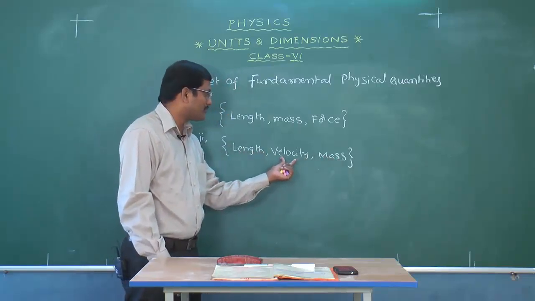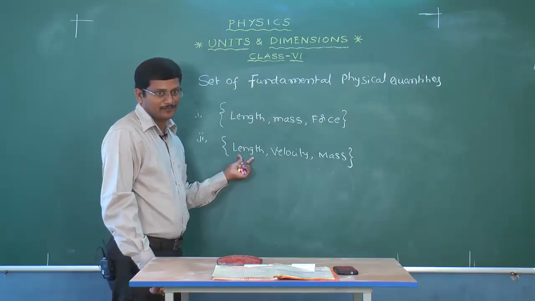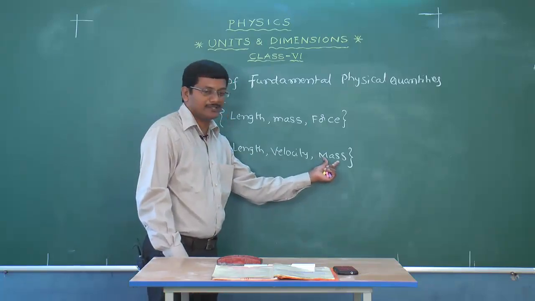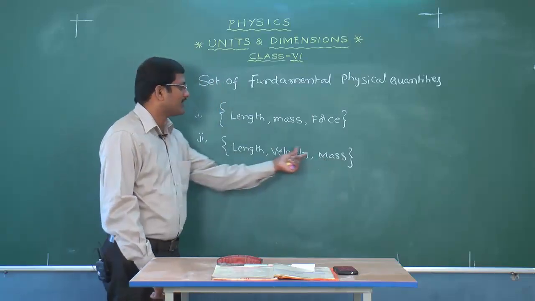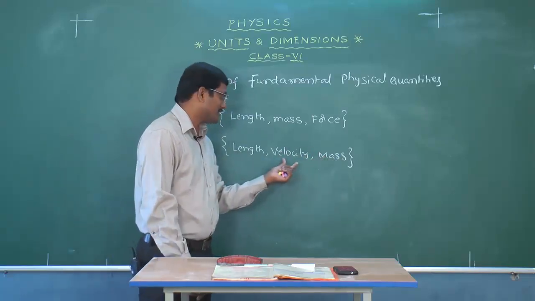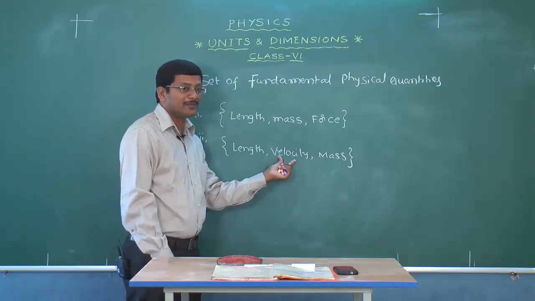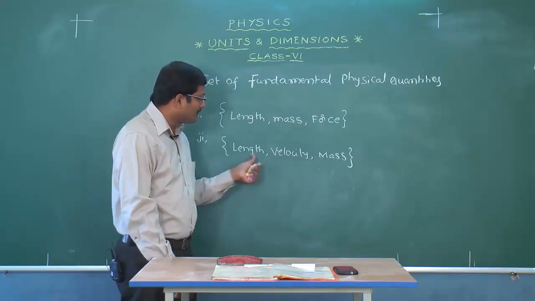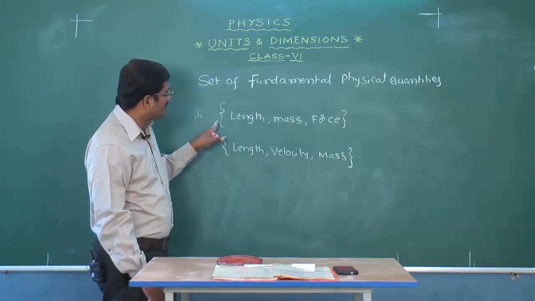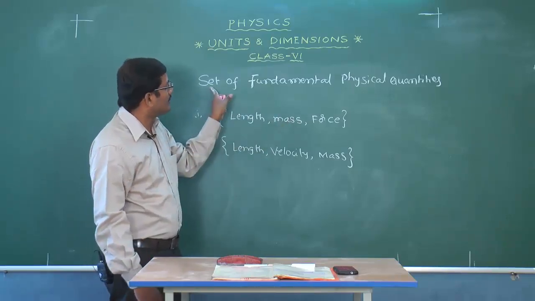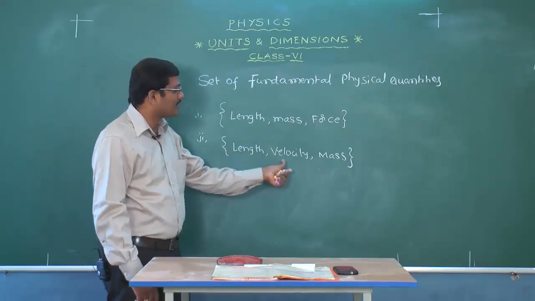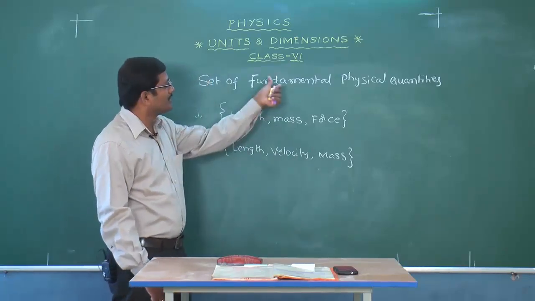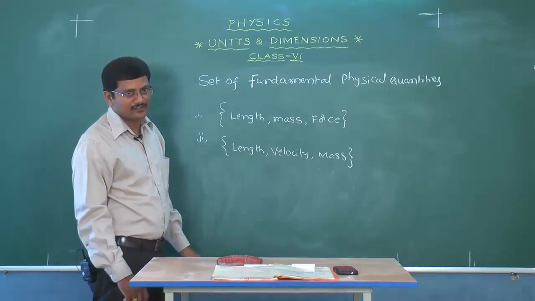Mass cannot be derived from velocity and length alone, because in order to get mass, we need volume and density also, right? Velocity will be derived from length by time. So there is no time in this set. That's the reason this first set, length, mass, force, is called a set of fundamental physical quantities. And next, length, velocity, mass is also a set of fundamental physical quantities.